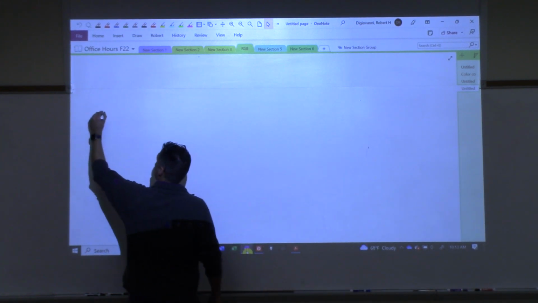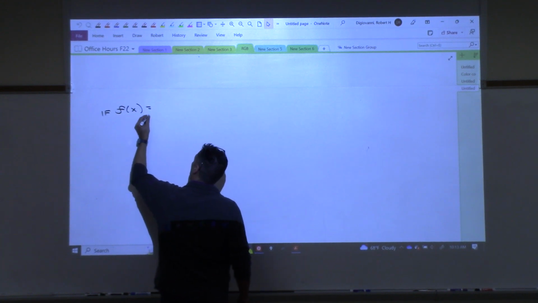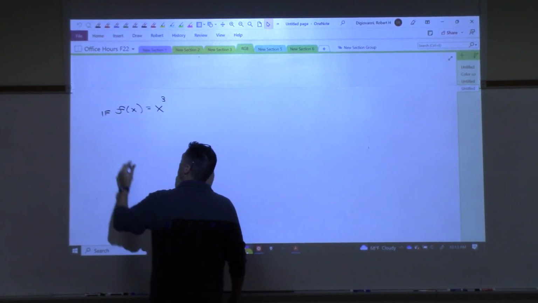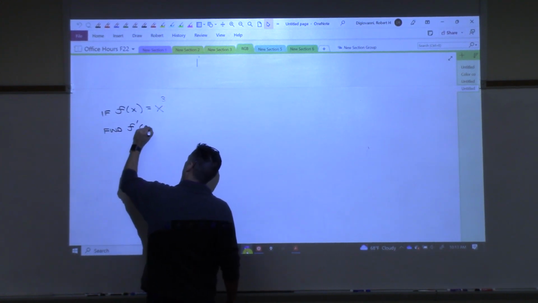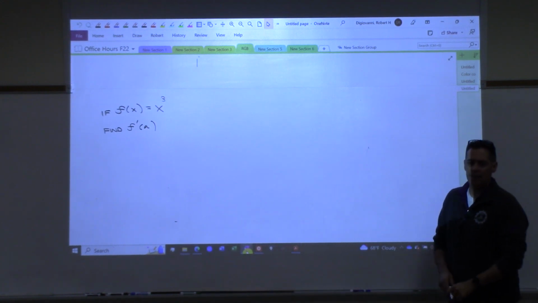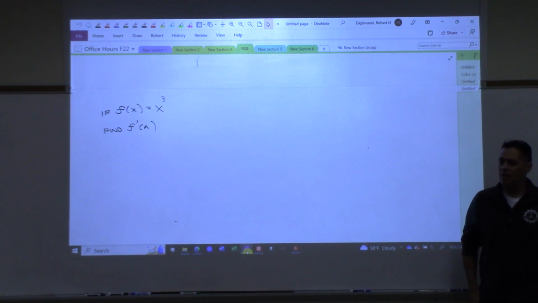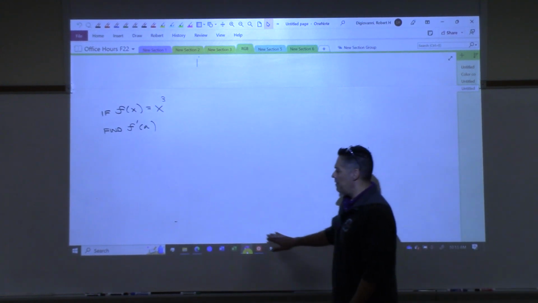So if f of x equals x to the 3rd power, find f prime of a. Find the derivative of this function at a, which means find the slope of the tangent line at some arbitrary point a, which means come up with that formula, right? And we get to use either one of the definitions.